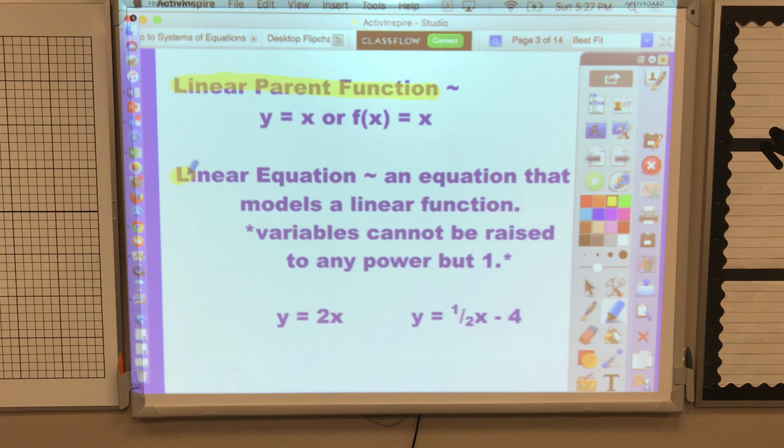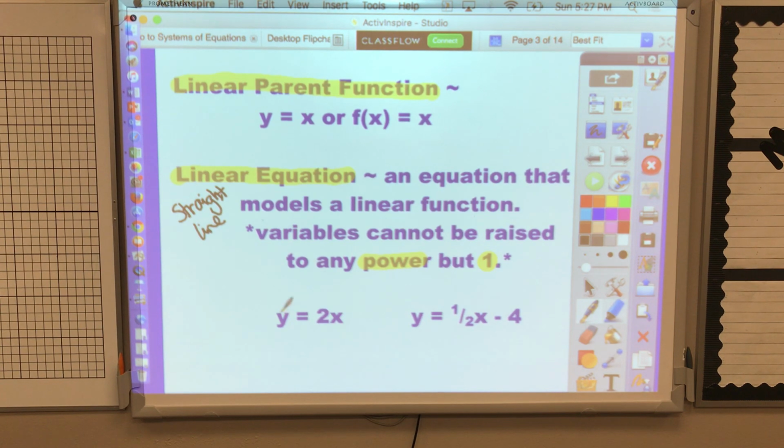A linear equation is an equation that models a linear function, which means these graphs are going to be a straight line. In a linear equation, the variable cannot be raised to any power but 1. That x cannot have an exponent on it, or you're not going to have a linear function.